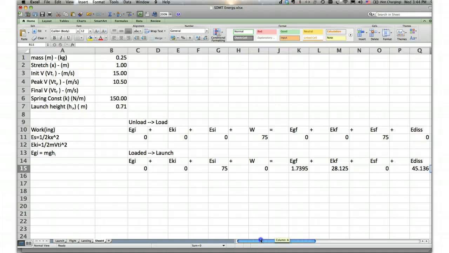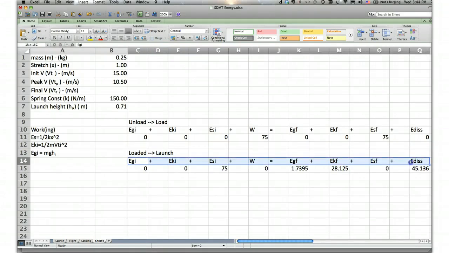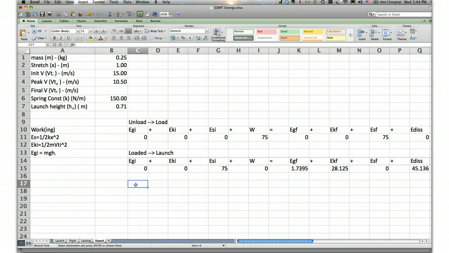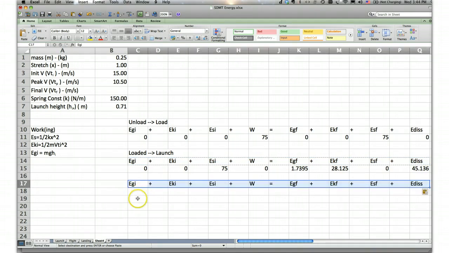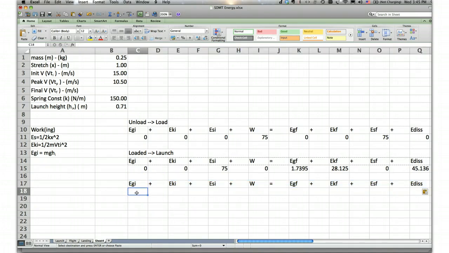Moving back here, if I wanted to do the next one, like launch to peak, what I did is I just made this series and I copy it, and then I'd come down here and I'd paste it. And if we did, again from launch to peak, the launch, what I would probably do is just say equals, and then click on that cell and call that good.